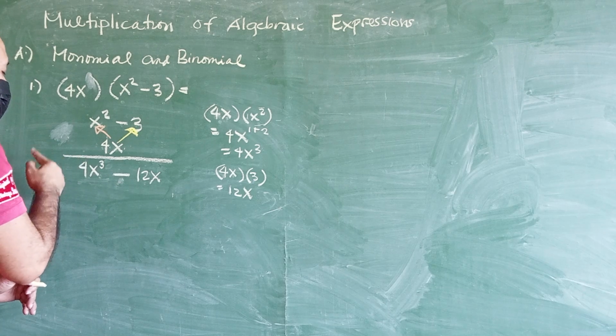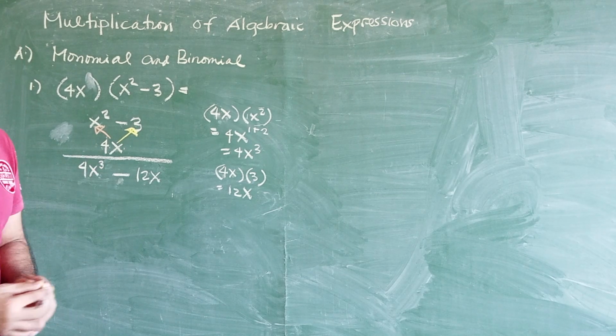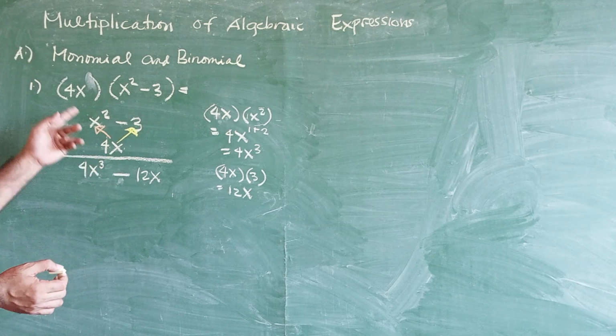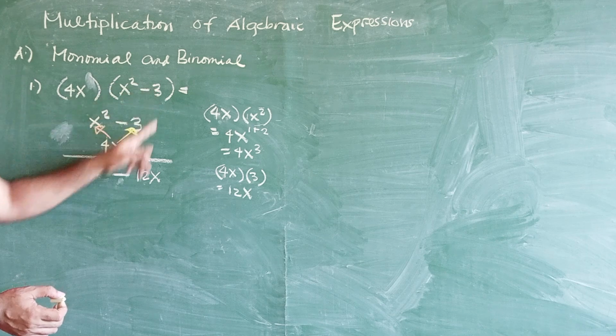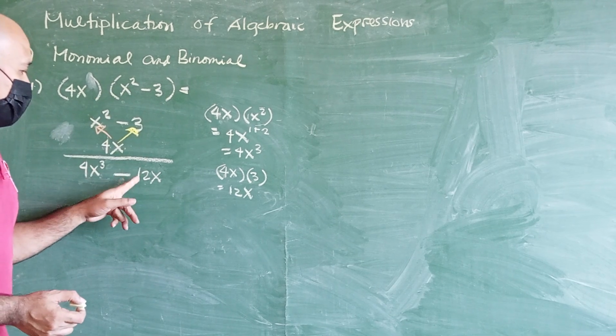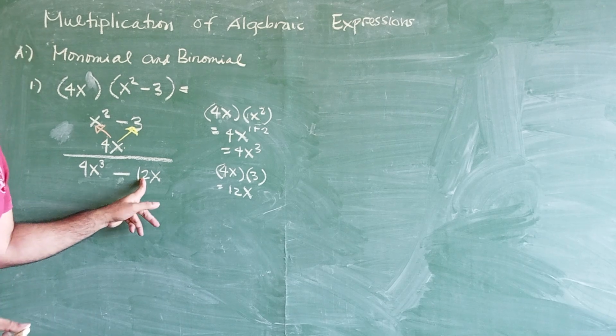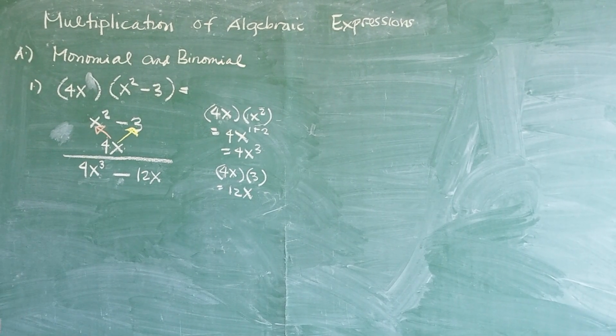So you read your answer as 4x cubed minus 12x. Therefore, when you multiply the quantity 4x times the quantity x squared minus 3, the product is 4x cubed minus 12x. As simple as that. I hope you get the idea here.